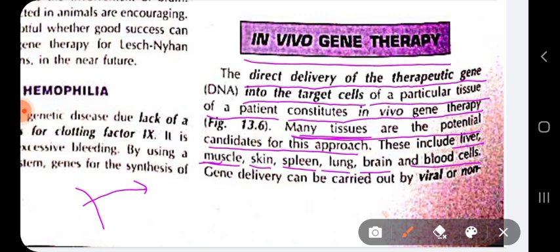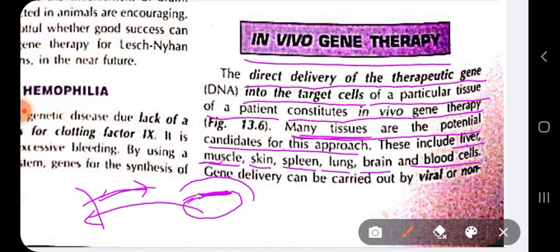Not like that, that was ex vivo, sorry. We directly inject, we first construct a gene, our therapeutic gene, with other gene segments for proper expression of that gene, and we deliver that gene into the target cell of that particular tissue within the patient's body.